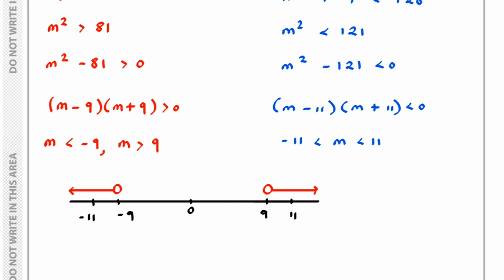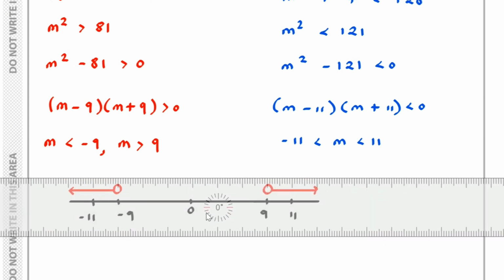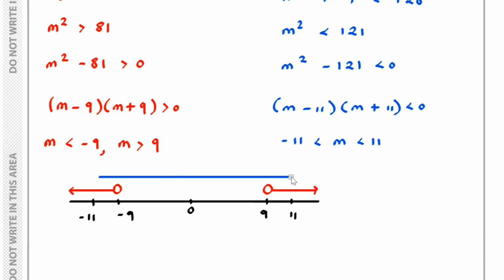And then I've got m being in between minus 11 and 11, so that would be somewhere between here and here.